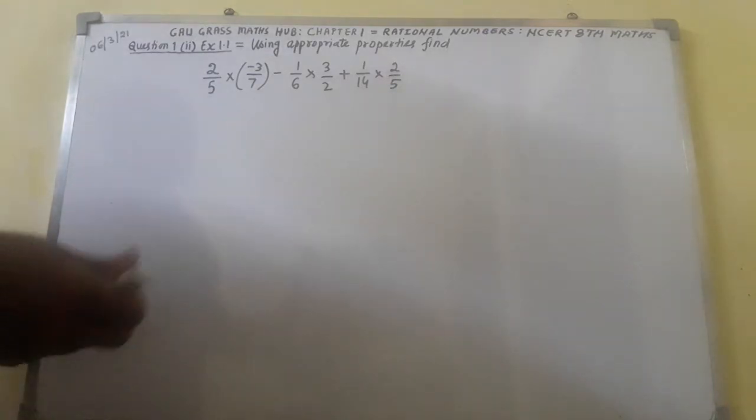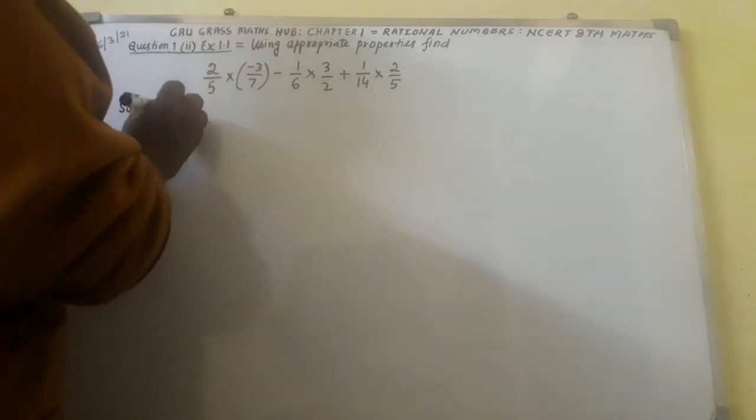The question is: using appropriate properties, find 2 over 5 into (minus 3 over 7) minus 1 over 6 into 3 over 2 plus 1 over 14 into 2 over 5. This is the question about which I am going to discuss here.